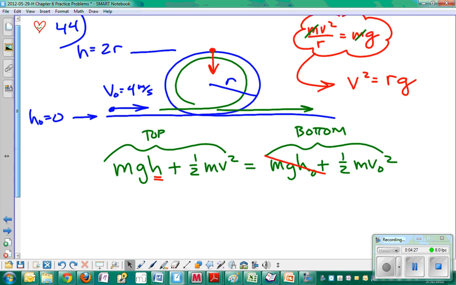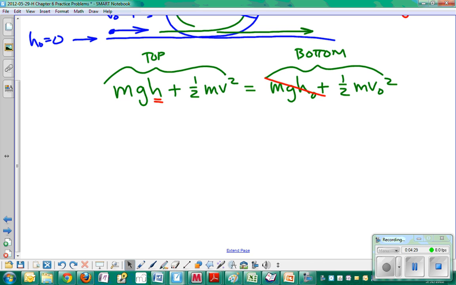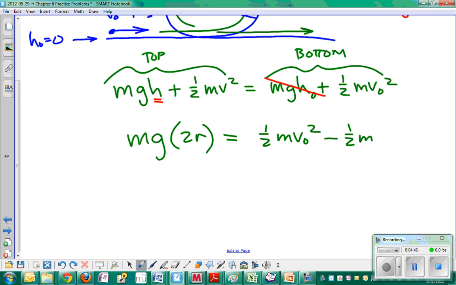So now we're going to rewrite and simplify at the same time. We're going to leave this over on the left. We're going to say mg2r is equal to 1/2 mv naught squared minus 1/2 mv squared. Everybody okay with that? The algebra?